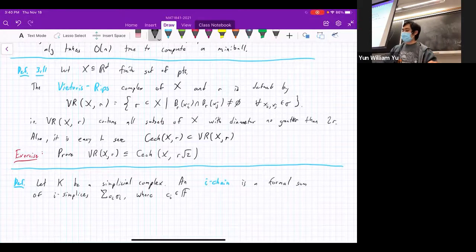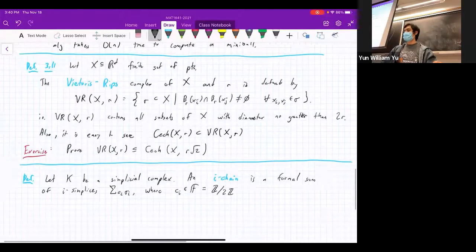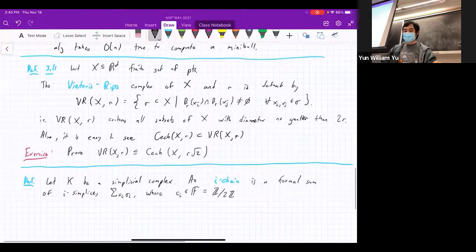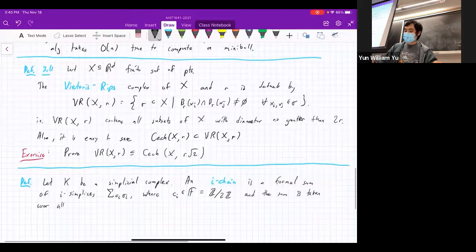For our purposes, we're going to let the field be the field of two elements, just the simplest possible non-trivial field. And the sum is taken over all possible i-simplices sigma_i in K.